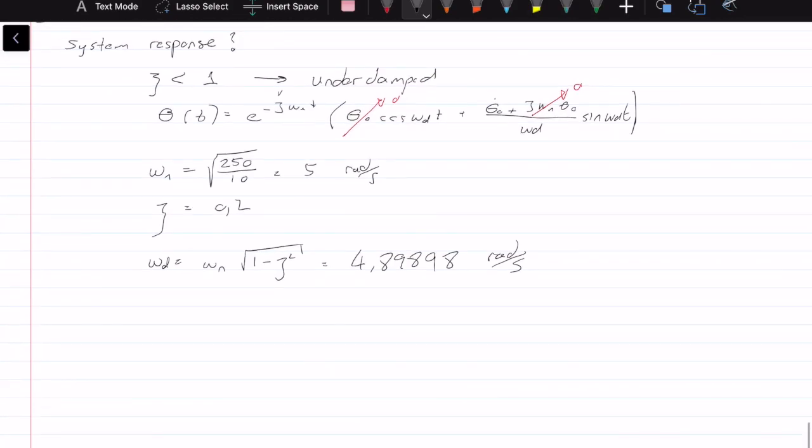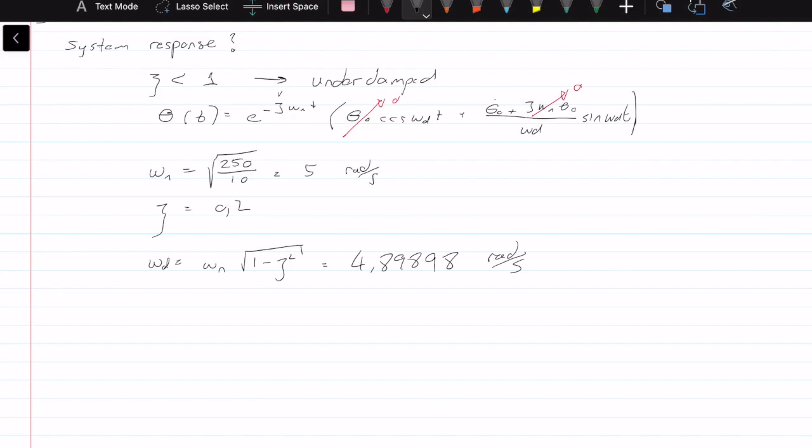Once you've got that, we can say that we have everything that we need. So I'm going to say that theta, the system response, is equal to e to the minus C omega n t. We have C, which is 0.2, times 5, which is equal to 1, so minus t. Okay, that term falls away.